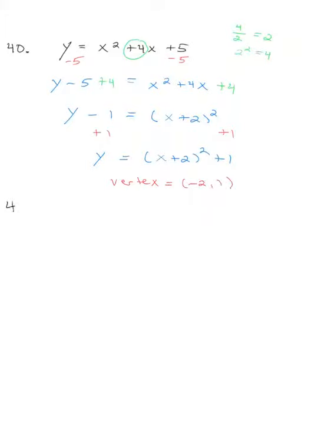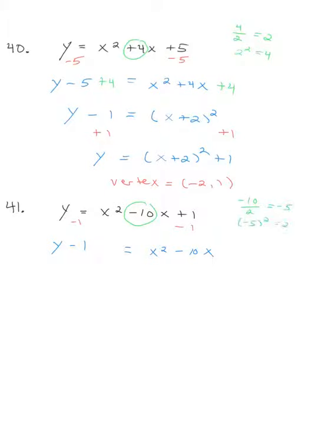Okay, if we look at 41, let's see. Again, this is y is equal to x squared minus 10x plus 1. I'm going to subtract 1 from both sides. And this gives me y minus 1 is equal to x squared minus 10x. I'm looking at this negative 10. I'm taking half of it, it gives me negative 5.